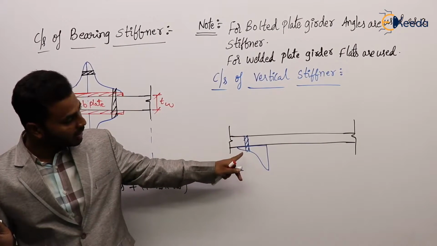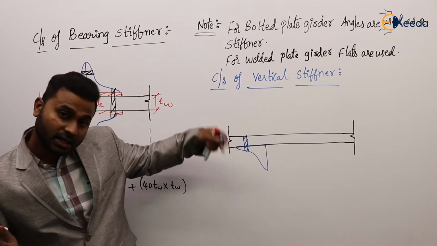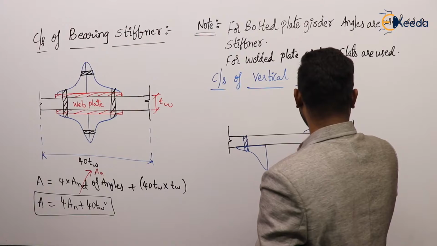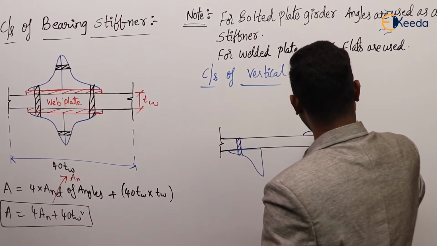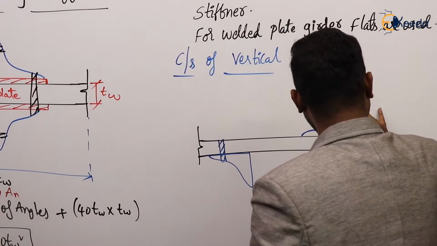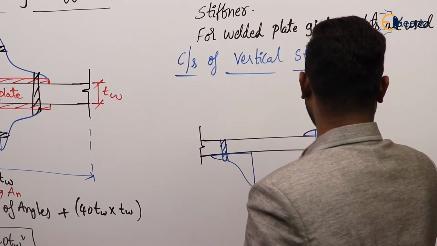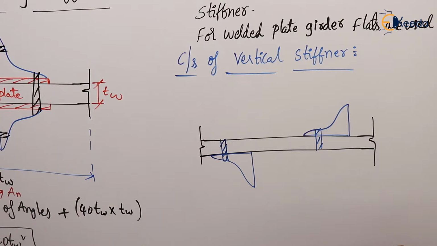If we provide the vertical or transverse stiffener here, on the other side of the web, we are going to provide it elsewhere. They are not going to be provided at the same location on the opposite side of the web. This is the case. Agree? This is the one.